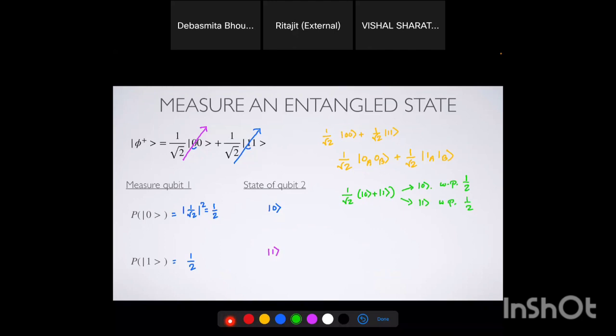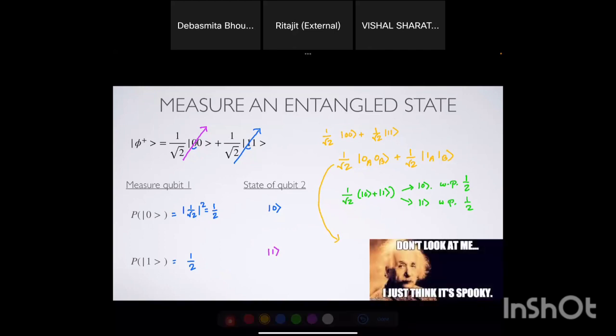So here, if I measure my first qubit, what is the probability of getting 0 on qubit A? I will get 0 with probability half. I will get 1 with probability half. Why so?